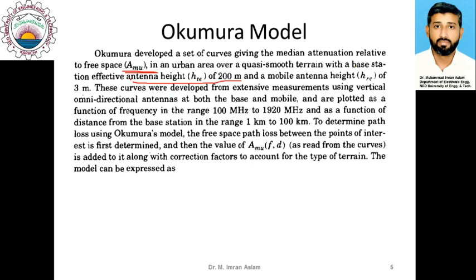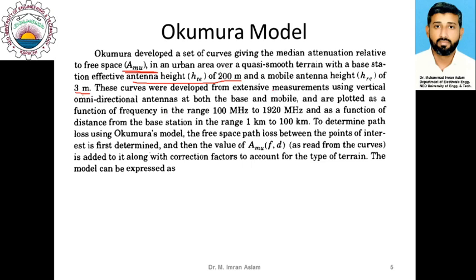So basically the formula was related to a base station antenna height of 200 meters and mobile antenna height of 3 meters. So if you have a different height of base station antenna or mobile antenna, you may be required to make some corrections in the model that we are going to discuss shortly.